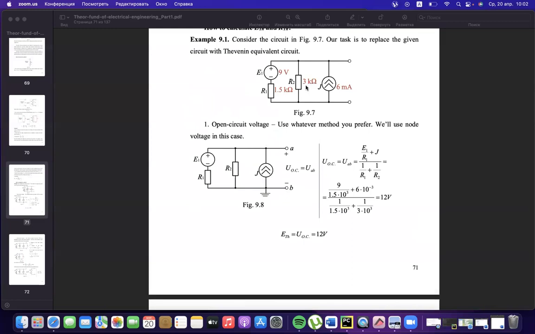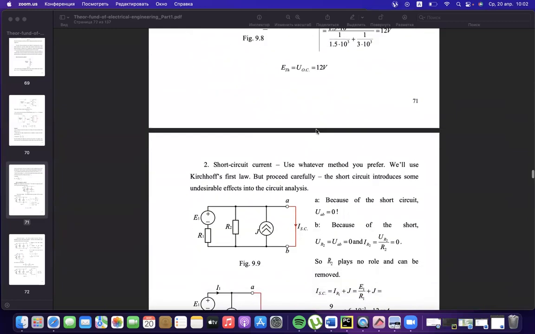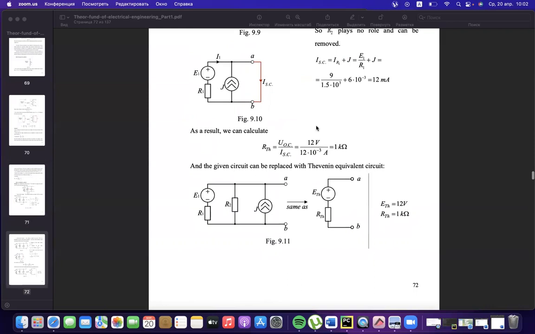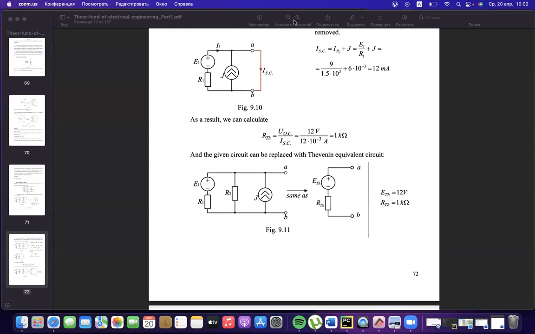First equals 1.5 kilo ohms, second equals 3 kilo ohms. If we take them in parallel, 1.5 multiplied by 3 and divided by 1.5 plus 3, two parallel resistors. It will be almost 1 kilo ohm.